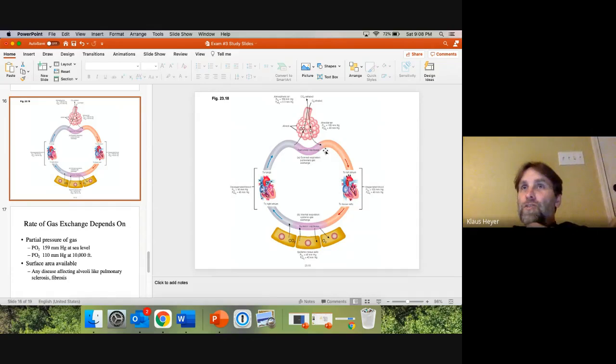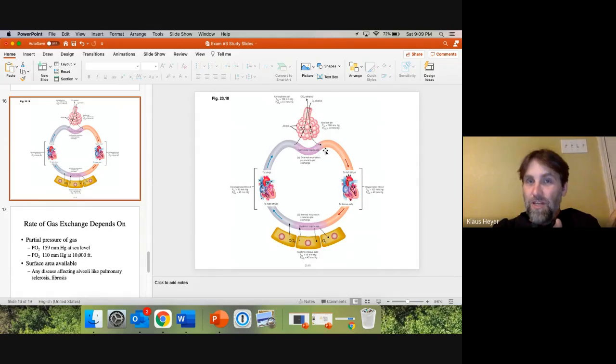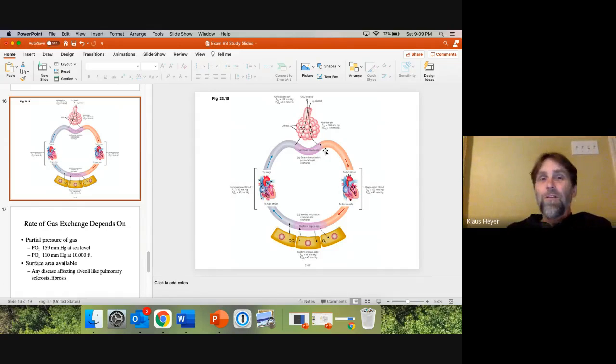So your oxygenated blood has a certain amount of oxygen in it, and because it has a certain amount of oxygen in that blood, that oxygen has a pressure, right? And then the deoxygenated blood, it also has a tiny bit of oxygen in it, and it has a pressure as well, but that pressure is going to be lower, right?